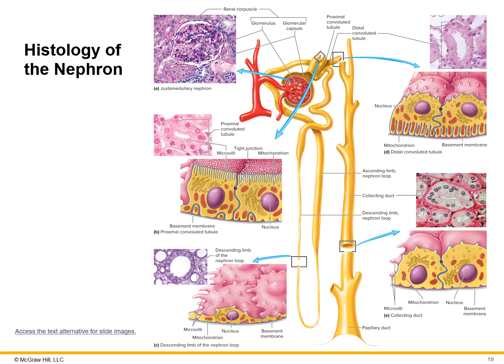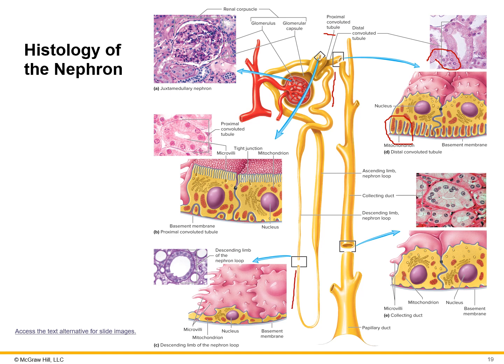So again, just kind of looking at our different cells here. As we move into the proximal convoluted tubule, we have the cuboidal cells that you can see here. Again, lots of these microvilli to increase that surface area for more filtration to occur. Those are going to continue through the first part of the descending loop of Henle.